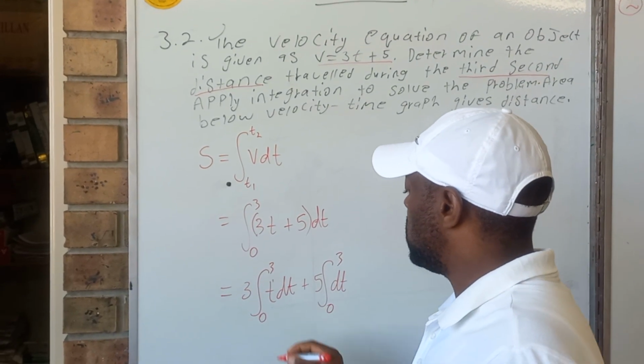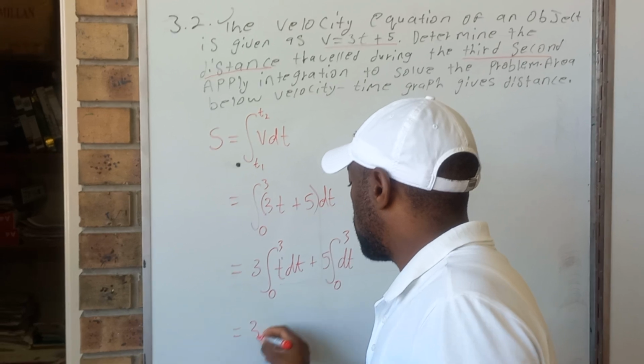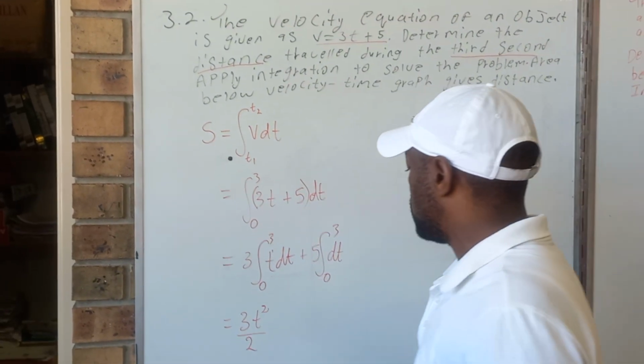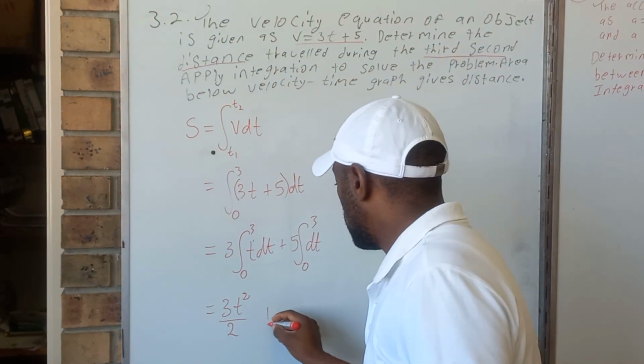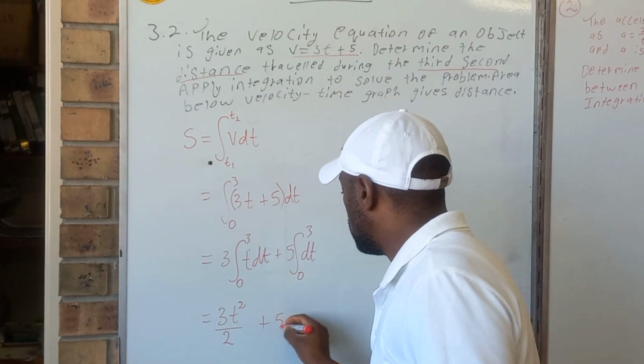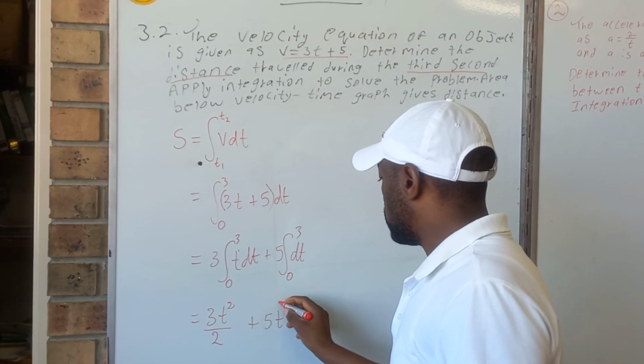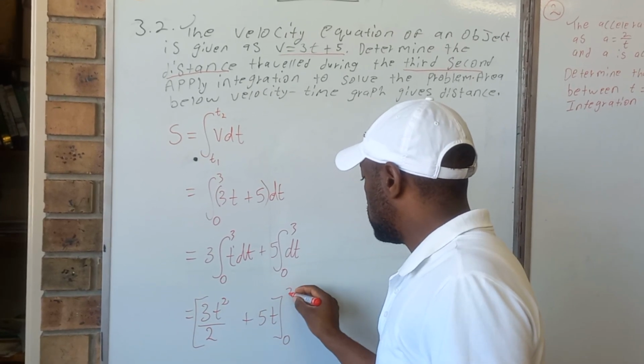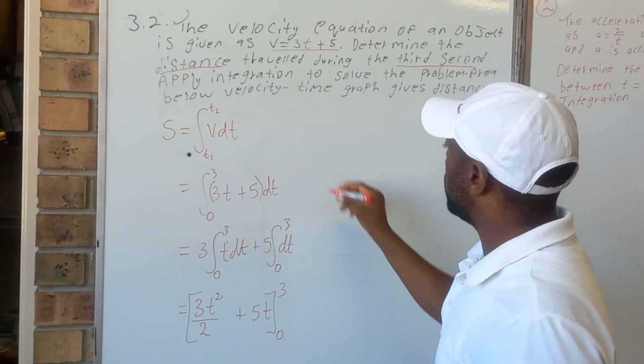So if I'm integrating that, I will get 3t squared over 2 according to formula 20 for Maths 24. Then the integral of 5 is simply 5t, since we're integrating with respect to t. There will be no plus c because we have a limit from 0 to 3.